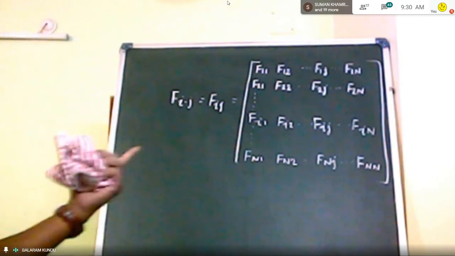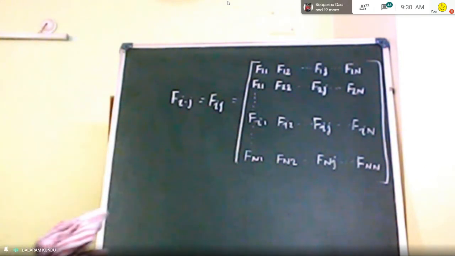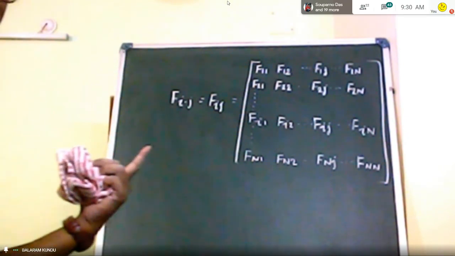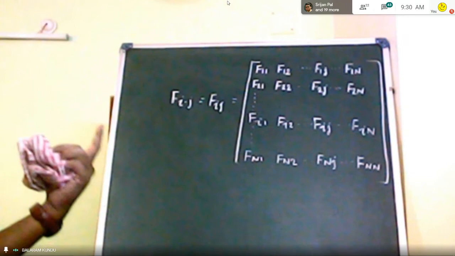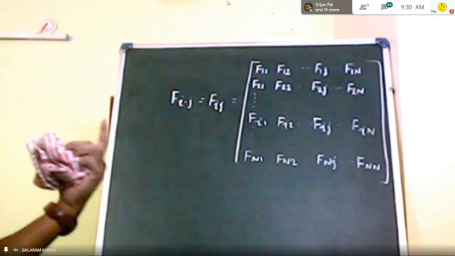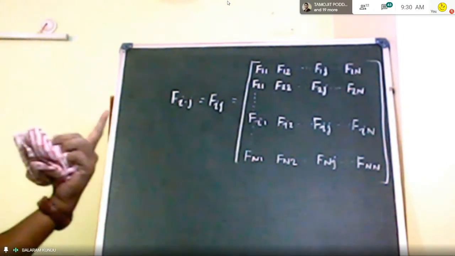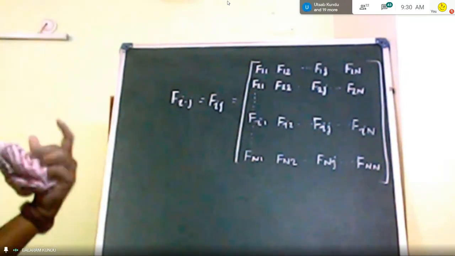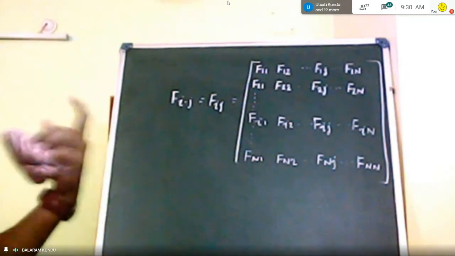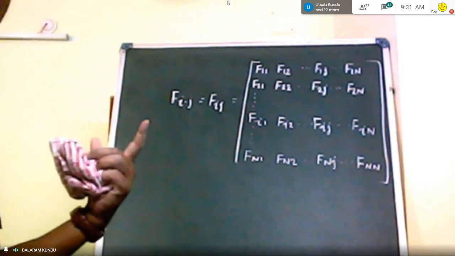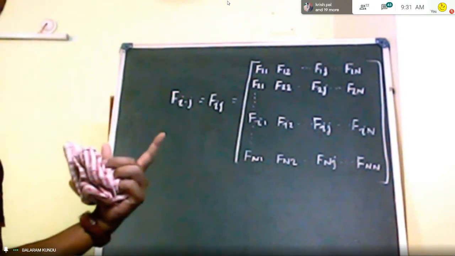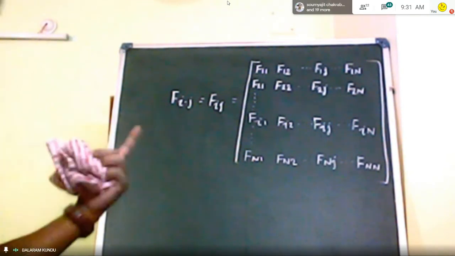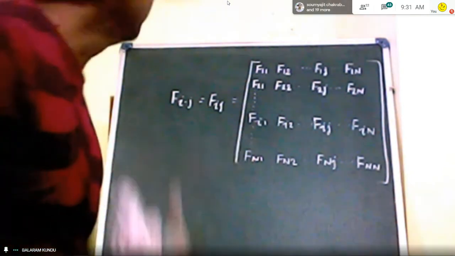And only if we know these shape factors can we calculate the heat exchange due to radiation. So it is very complicated. That's why heat transfer due to radiation is difficult, because shape factors are necessary to know. Without knowing shape factors, we cannot calculate the radiation heat transfer rate.